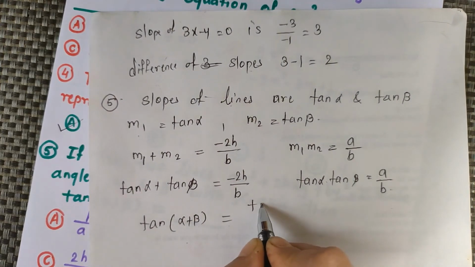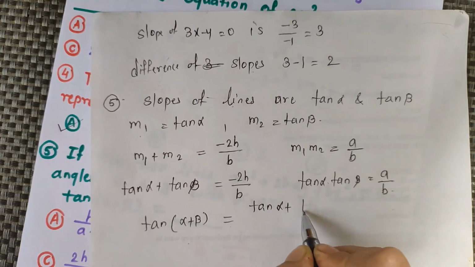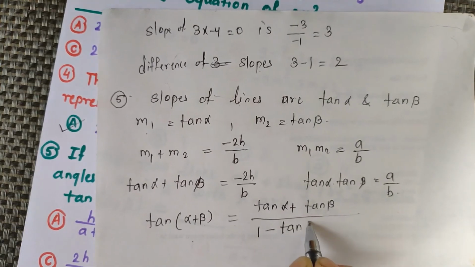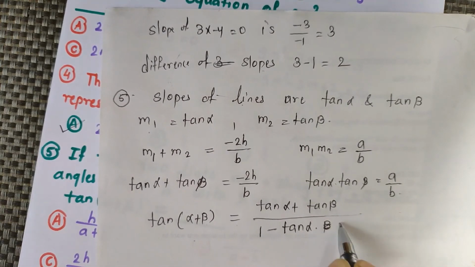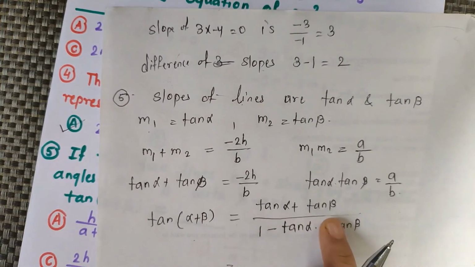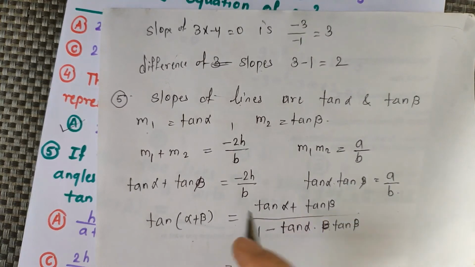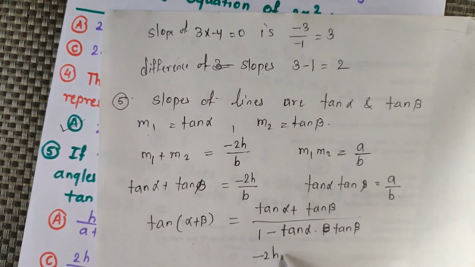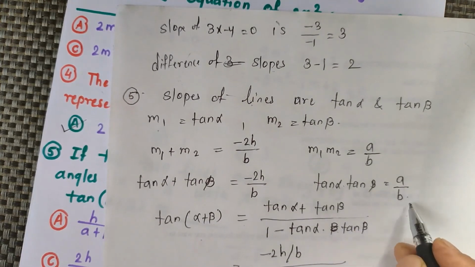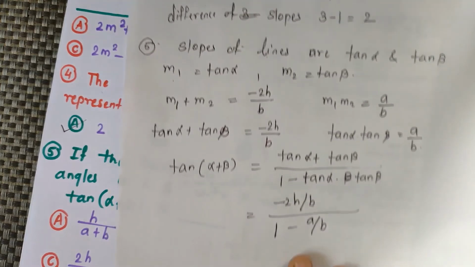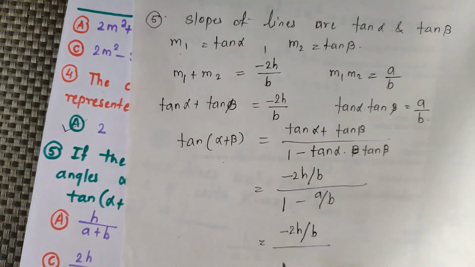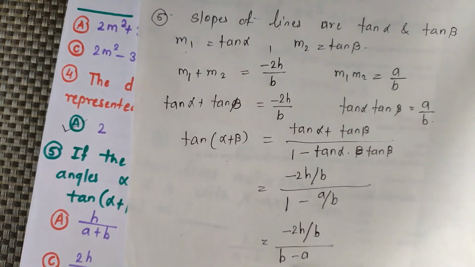We know the formula of tan a plus b. Applying this formula, tan alpha plus tan beta upon 1 minus tan alpha into tan beta. So by substituting the sum of the slopes, tan alpha plus tan beta is equal to minus 2h upon b, and 1 minus the product of these slopes is a upon b. Now simplifying this, we get minus 2h upon b upon, taking cross multiplication, b minus a upon b.